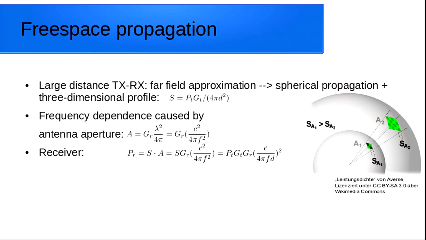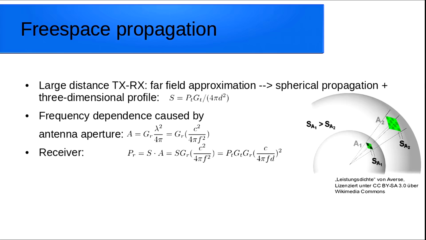The antenna aperture determines how well an antenna can pick up power from an incoming electromagnetic wave. And at higher frequency, the antenna in proportion to the distance is smaller, and therefore we cannot pick up as much power.